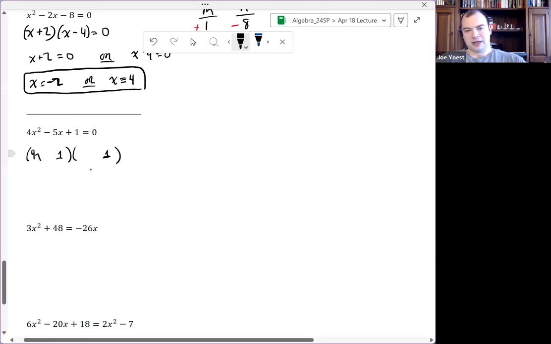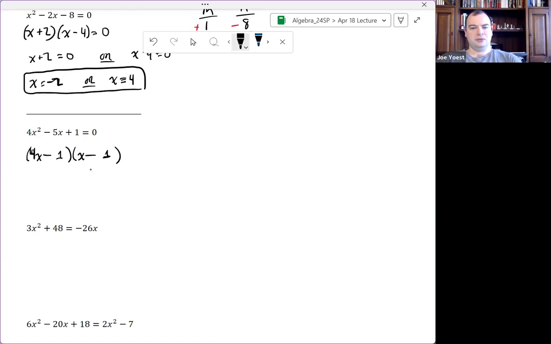But if I did 4x and x, with minuses in between, now again, my first gives me 4x squared, my last gives me plus 1, my cross terms give me minus 4x minus x, minus 5x. That's good. I can use a guess and check, or I could use AC grouping.